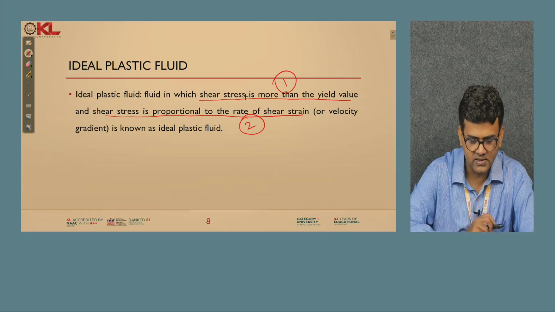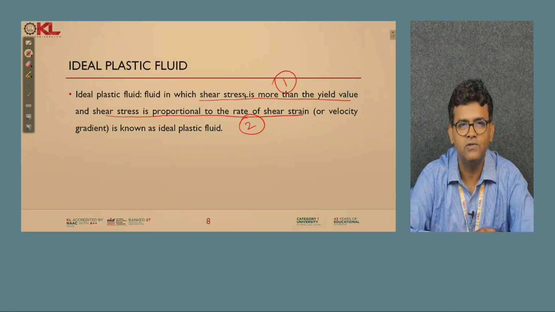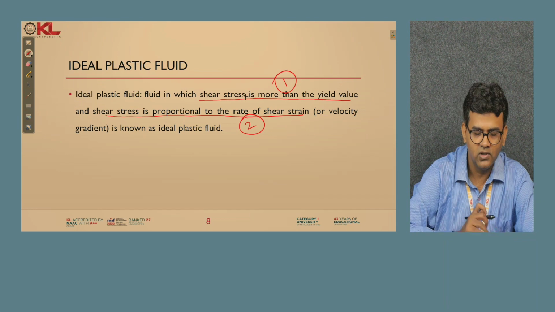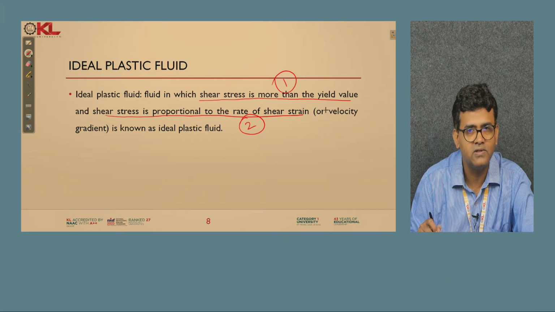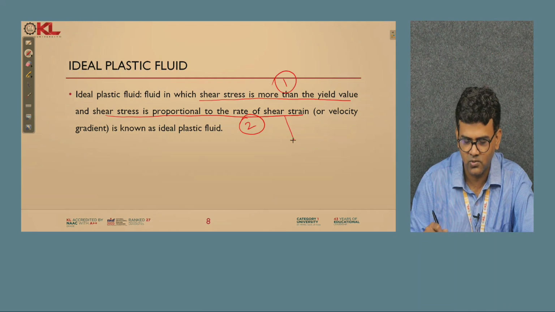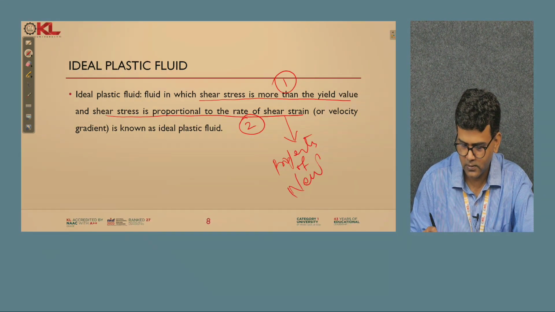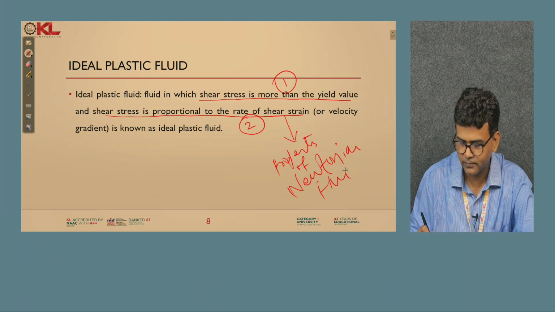For the second statement, shear stress proportional to the rate of shear strain, that is the velocity gradient. Already you know, when shear stress is proportional to the velocity gradient, that is the Newton's law of viscosity, the property of the Newtonian fluid.